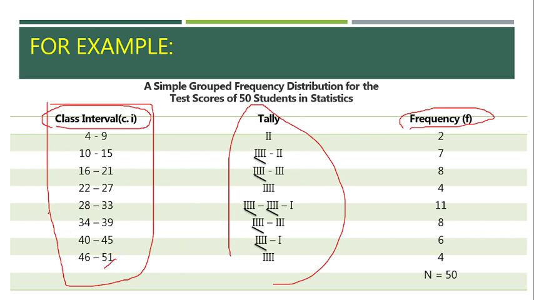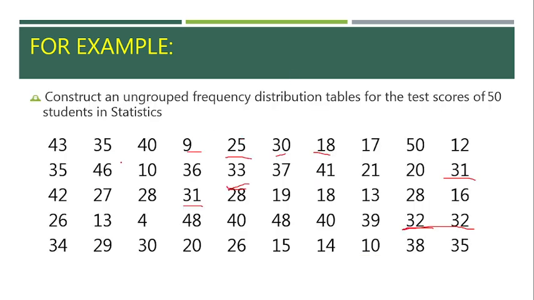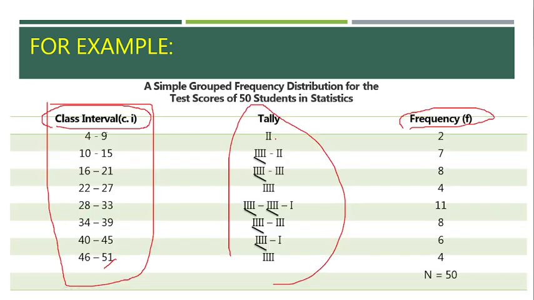In that sense, we will be able to find the frequency. How many values can you see from 4 to 9 in your raw data? How many 4s are there? We have 1. Do you see any 5, 6, 7, 8, or 9? You only have 4 and 9. So your frequency is 2.